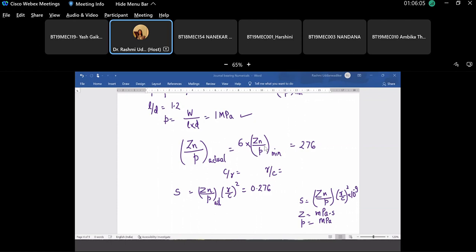Here we missed oil. So if Zn by P is 276, what is Z? We have to suggest oil.